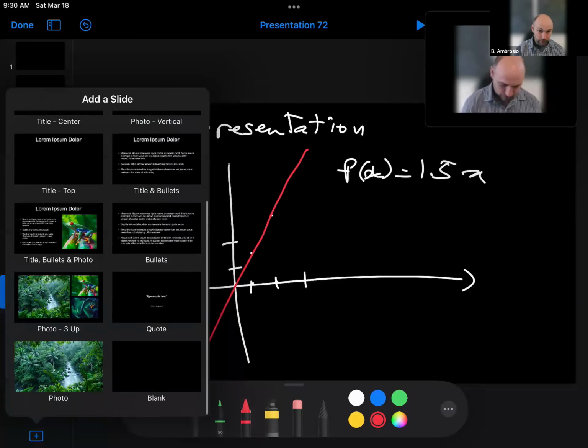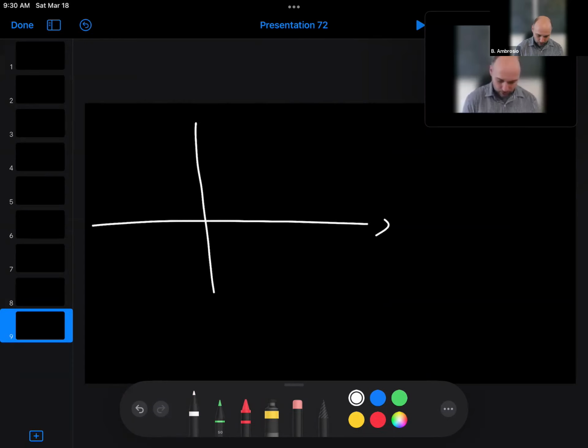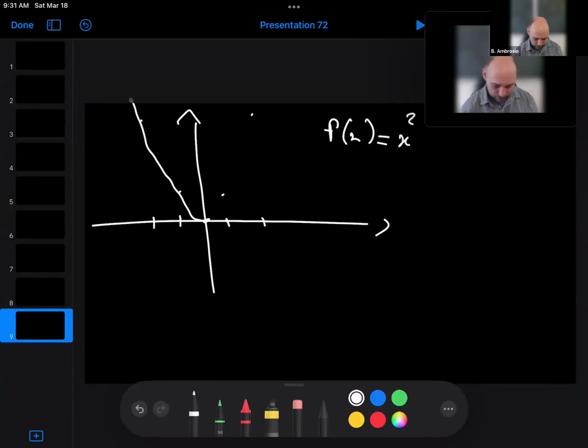But if I have f of x equals x squared, for 1 it is 1, for minus 1 it is 1, for 2 it is 4, for minus 2 it is 4, and I have this representation here.